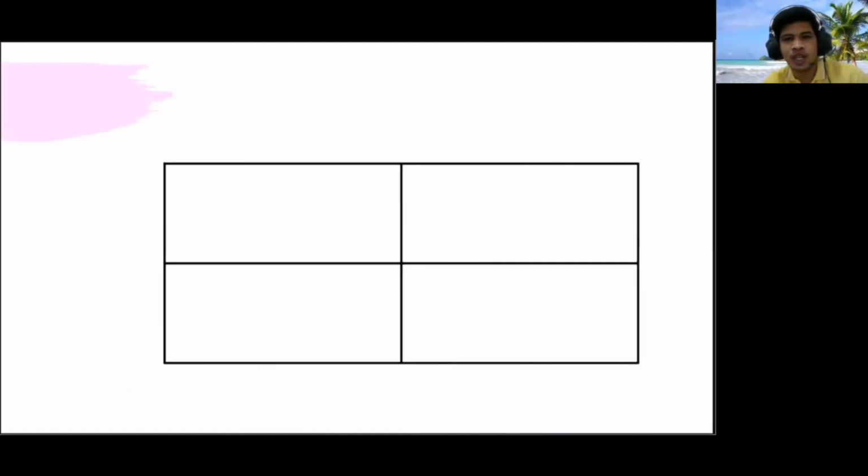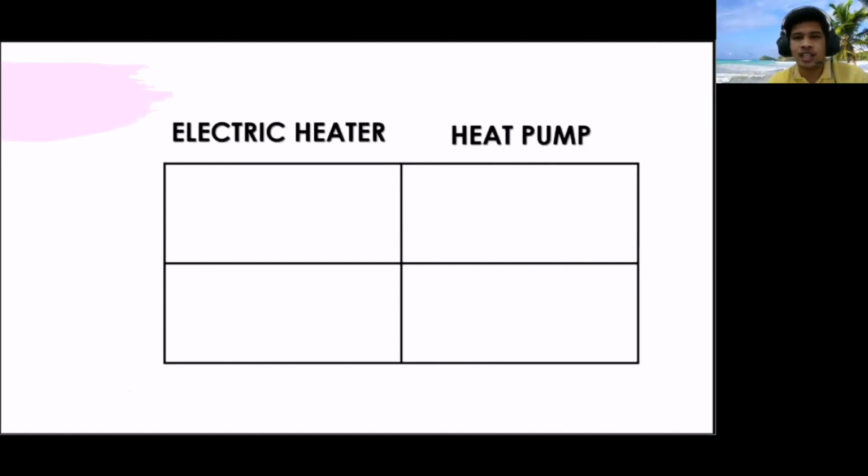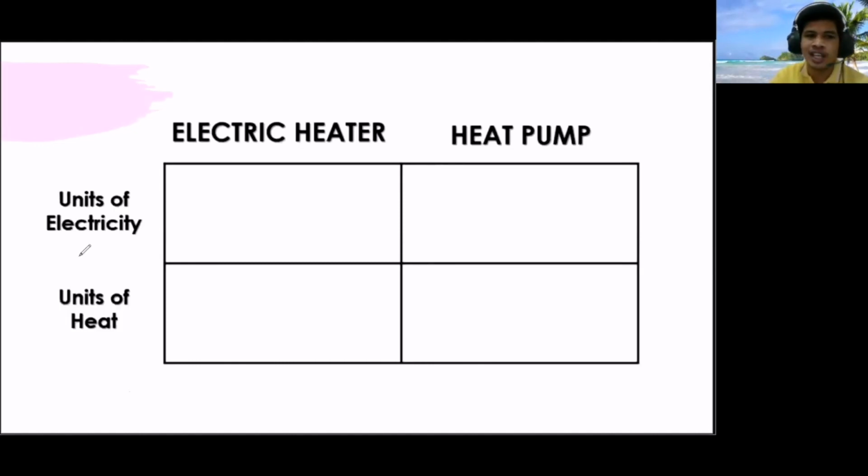What is happening here is that for the electric heater and the heat pump, we have the units of electricity and the units of heat. For the electric heater, the units of electricity is +1, meaning it consumes +1 unit of electricity, and the same with the heat pump, one unit of electricity.